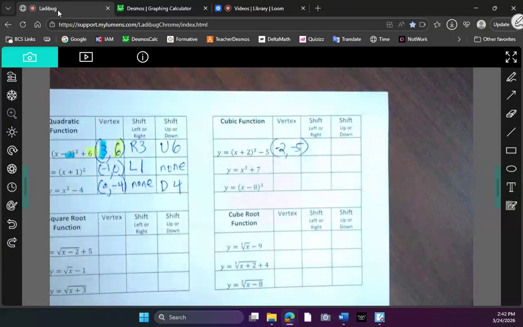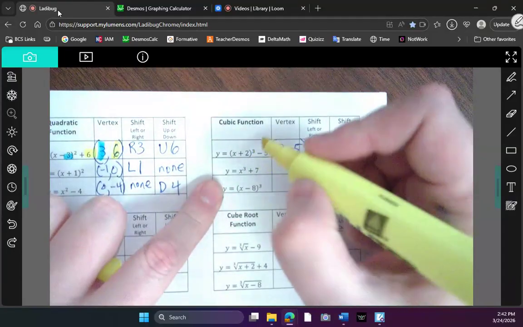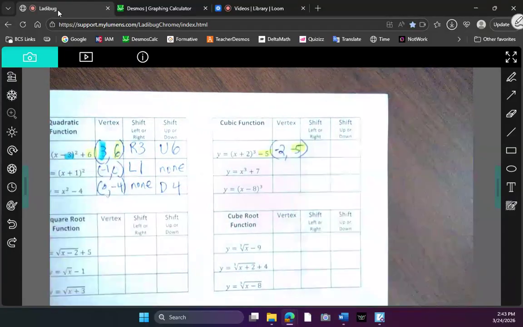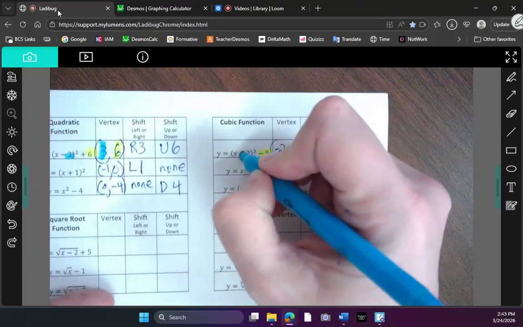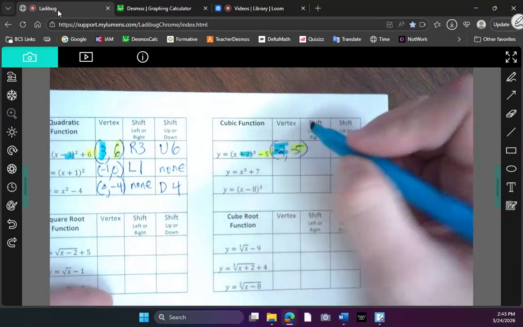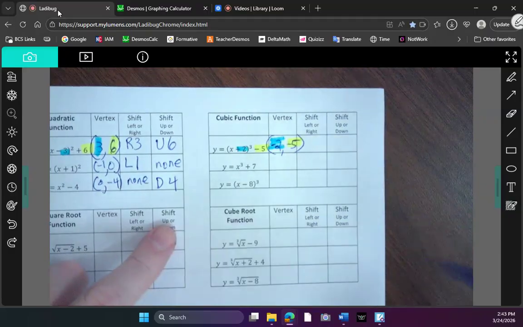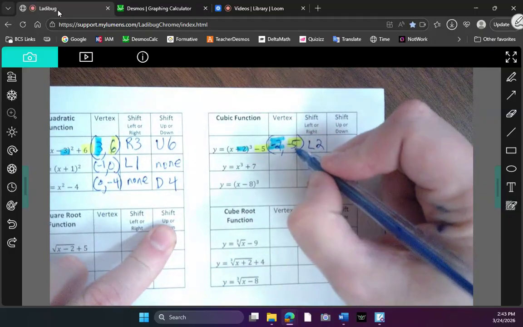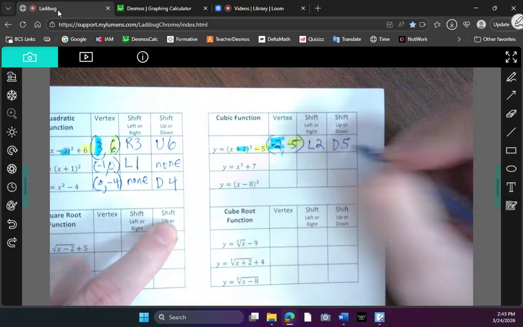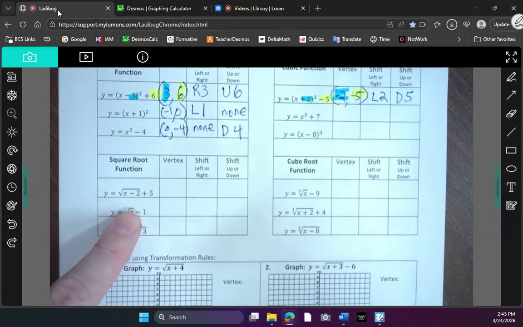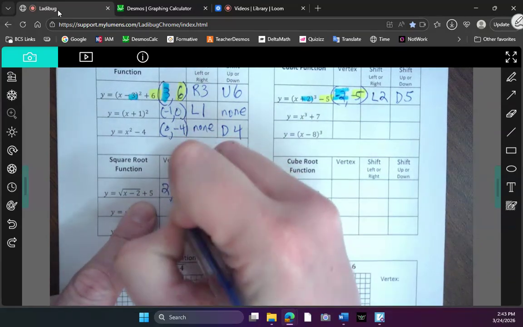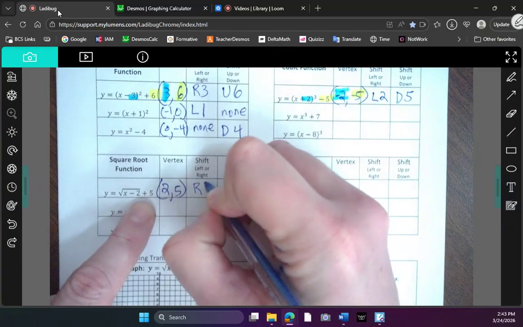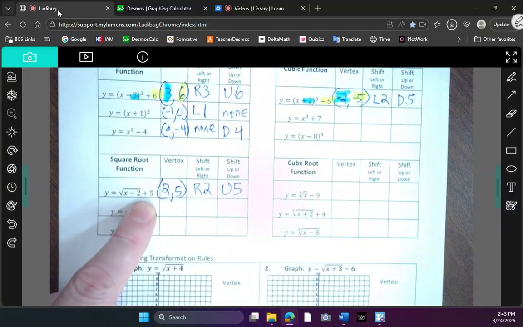We're going to have our yellow, which is our vertical shift, and we've got our blue, which is our horizontal shift. So that's going to go left 2 and down 5. If we look here, the opposite of -2 is a +2, and then this number is exactly the same, so that's going to go right 2 and up 5.